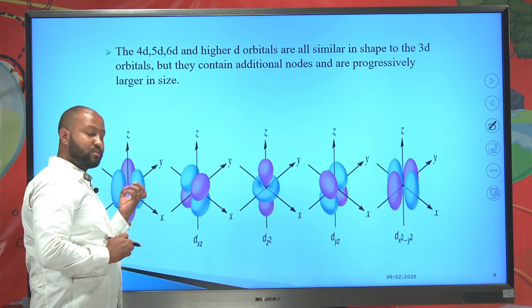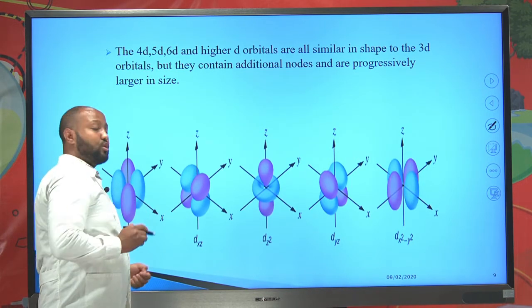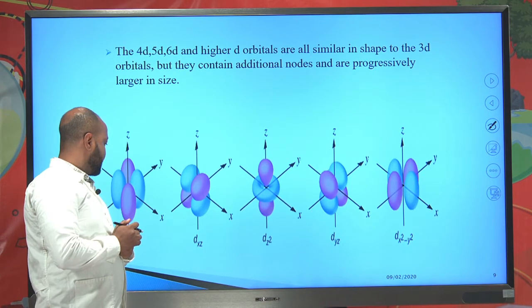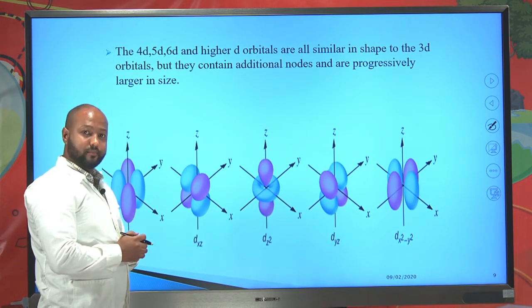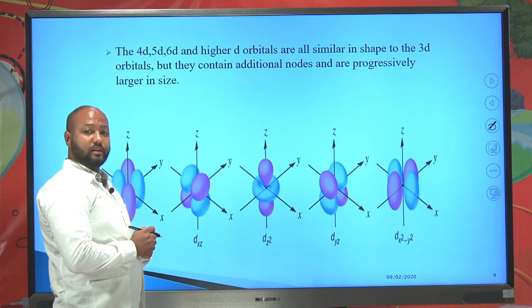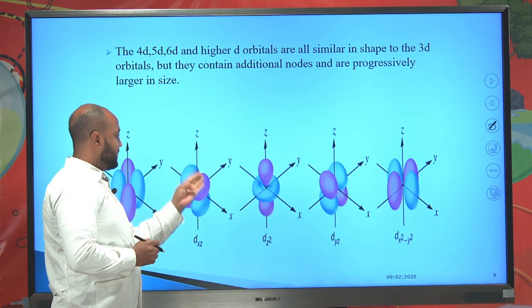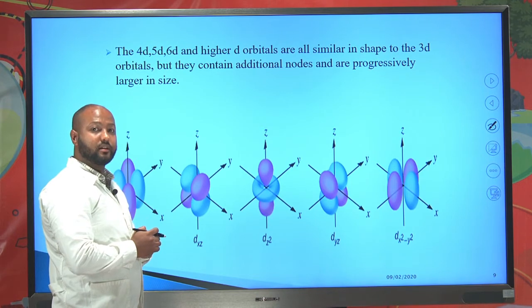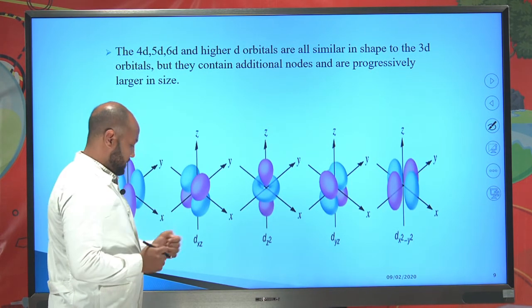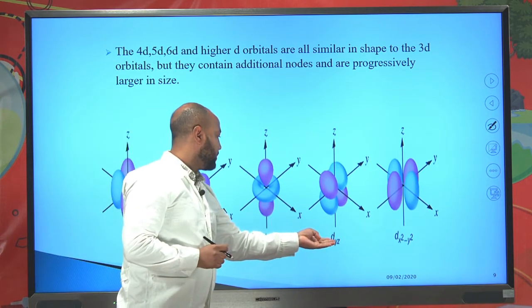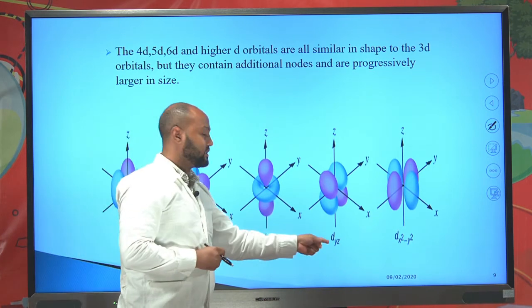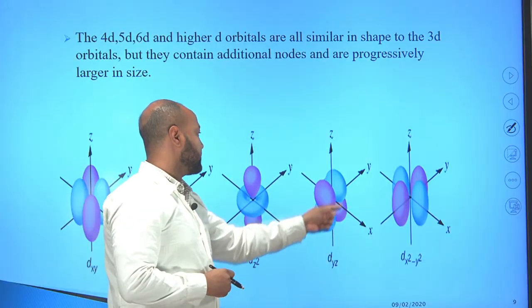That means the two lobes are between the axes on the plane of the x and y axes. dxz is between the x-axis and z-axis plane, not on the axes. dyz is on the plane of the y-axis and z-axis.